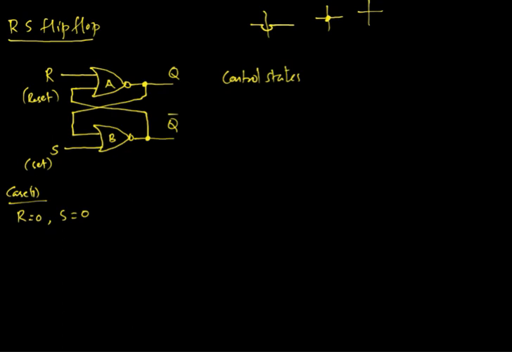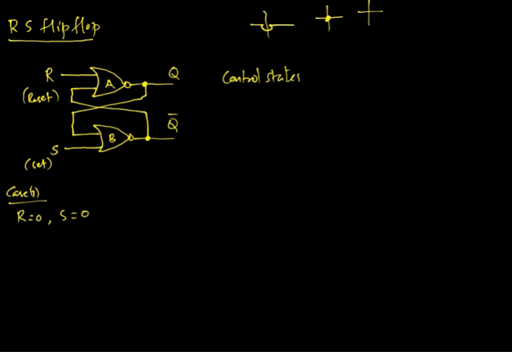This is a NOR gate. Since a 0 at the input of a NOR gate has no effect on its output, the flip-flop simply remains in its present state. So when R is equal to 0 and S is equal to 0, the flip-flop remains in its same state.